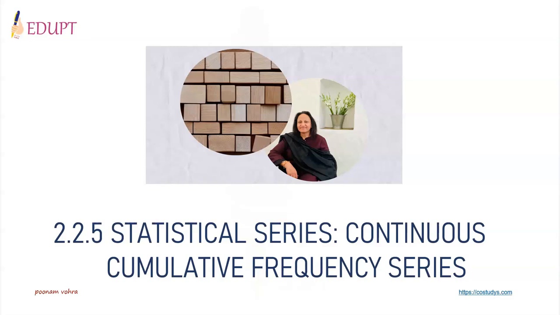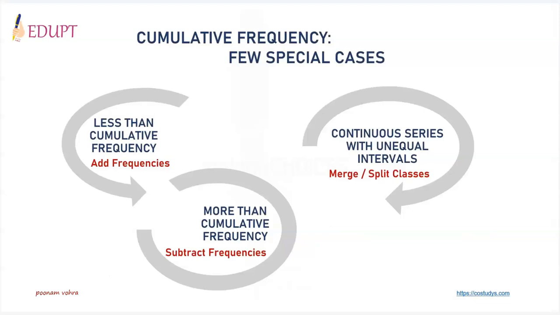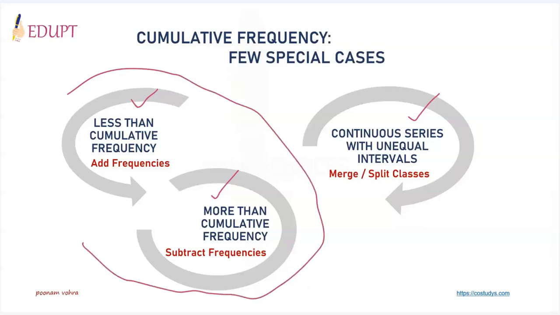Let's understand. Now we shall focus on a few special cases based on cumulative frequency. One is less than cumulative frequency, then it can be more than cumulative frequency, or when the class intervals are unequal. Right now we shall focus on less than and more than cumulative frequencies.